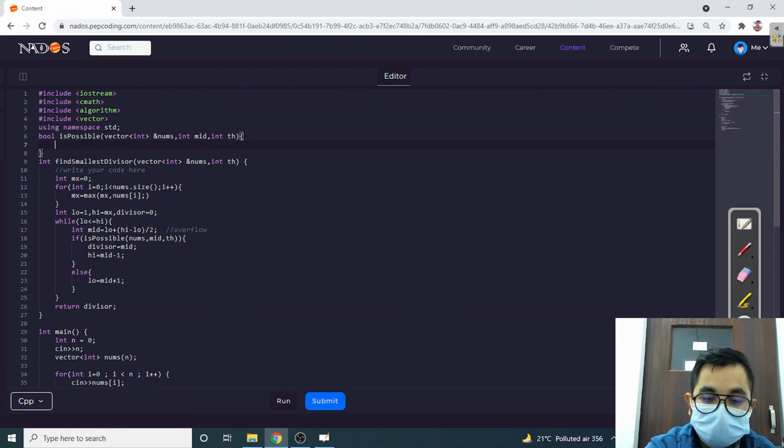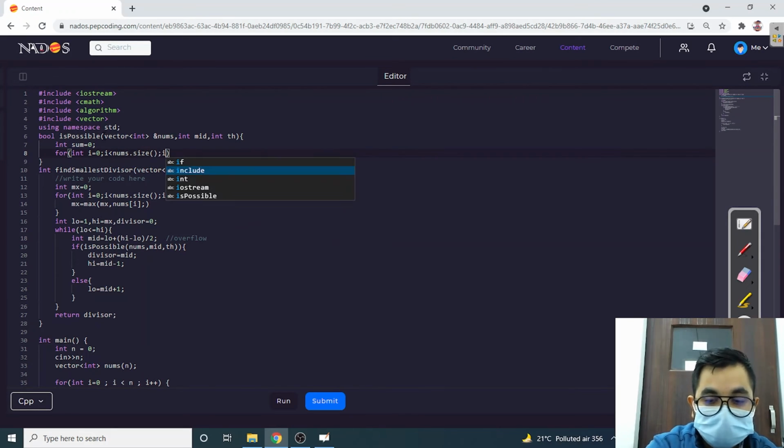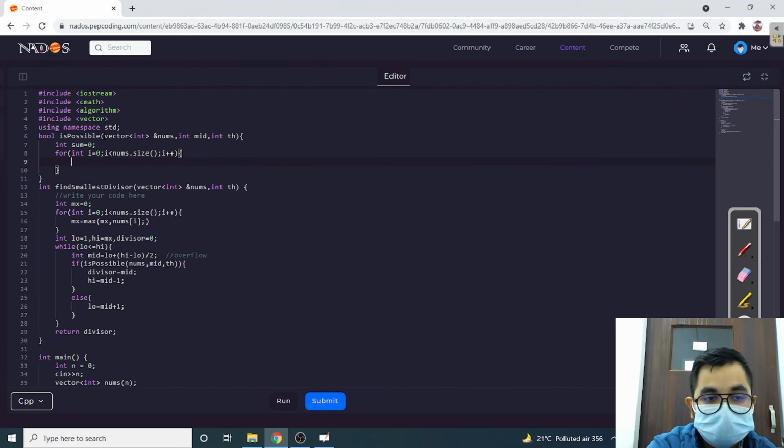Now we need to calculate the sum of the quotients. So let's start sum with 0, for int i equal 0, i less than nums.size(), and i plus plus. That's it.